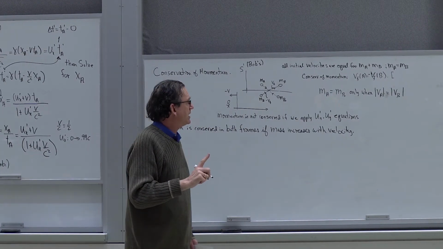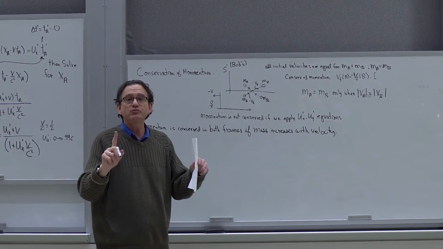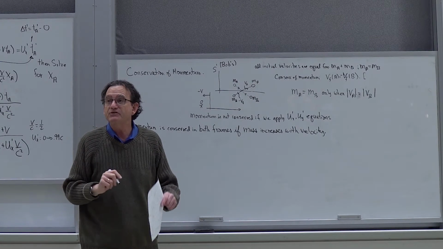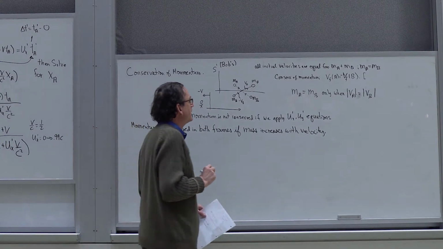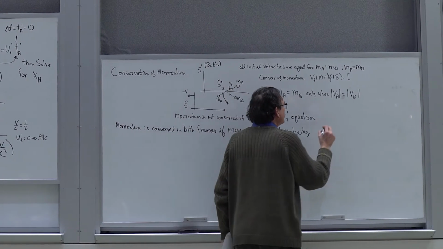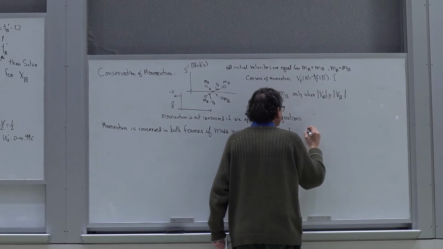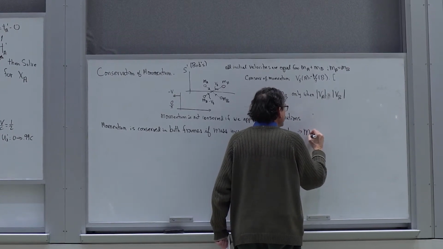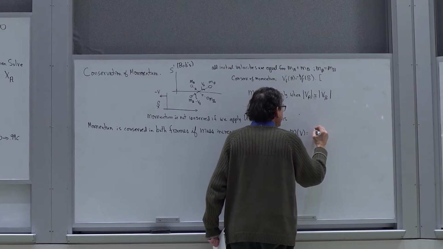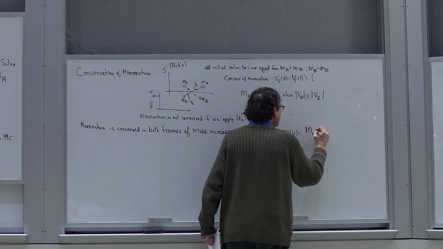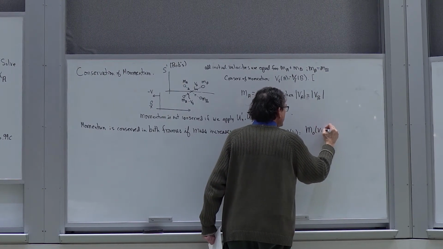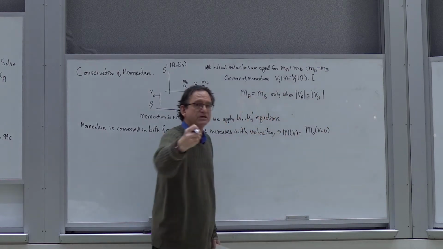And that's the only time we can say these two particles have the same mass. At any other time, they have to be modified as follows. The mass, which we now define as the moving mass, the mass as a function of velocity, is equal to the rest mass, m0, when v is equal to 0. Right?